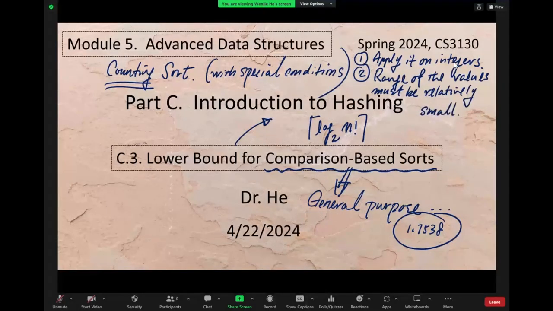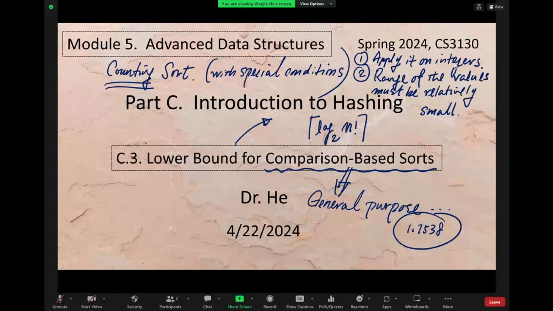The main reason we need this second assumption is if the range is relatively large, the performance would be much slower.